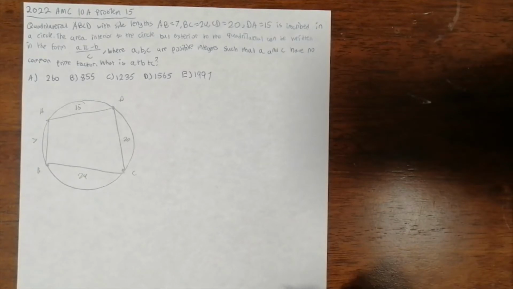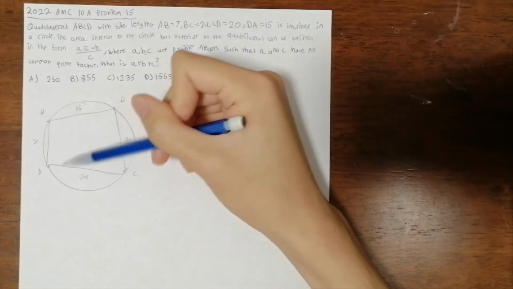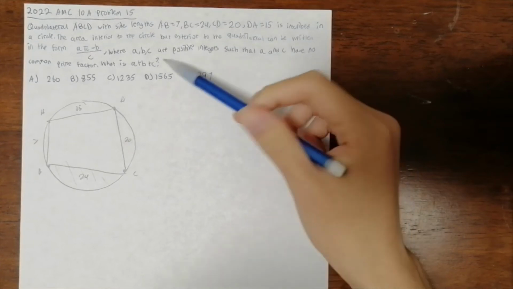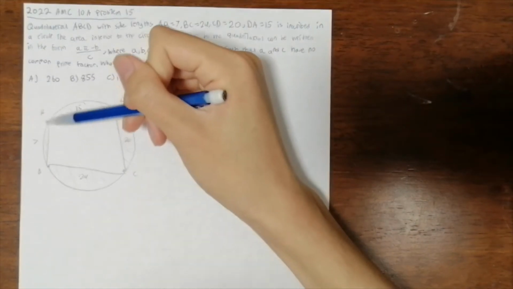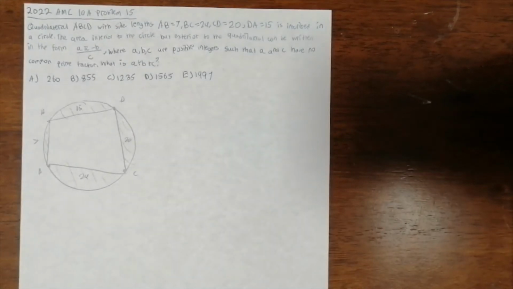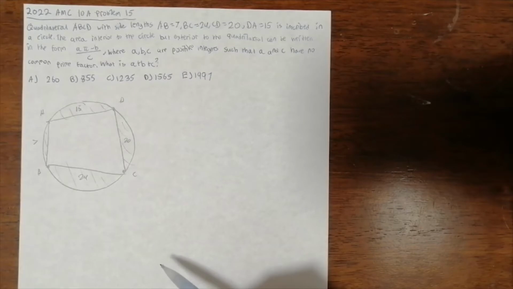And we want to find the area of this region, so interior to the circle, exterior to the quadrilateral. I guess the way we can do that is by finding the area of the circle and subtracting the area of the quadrilateral.